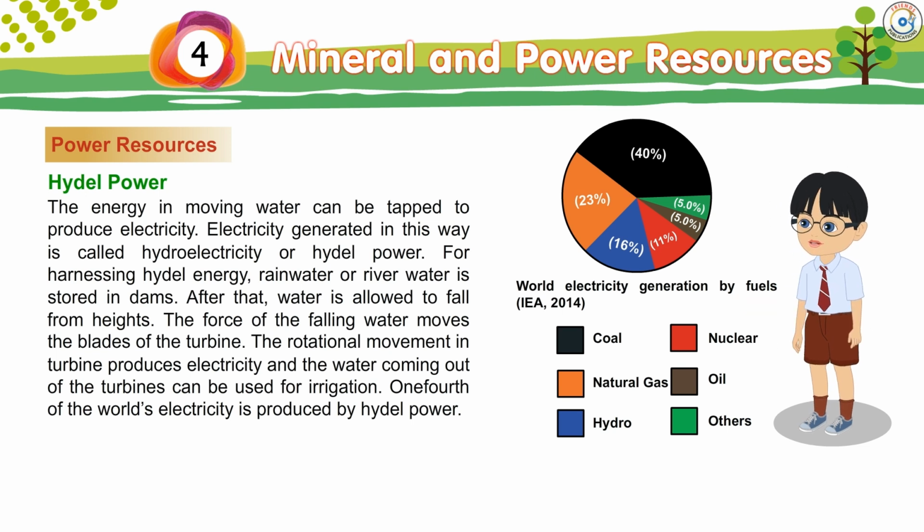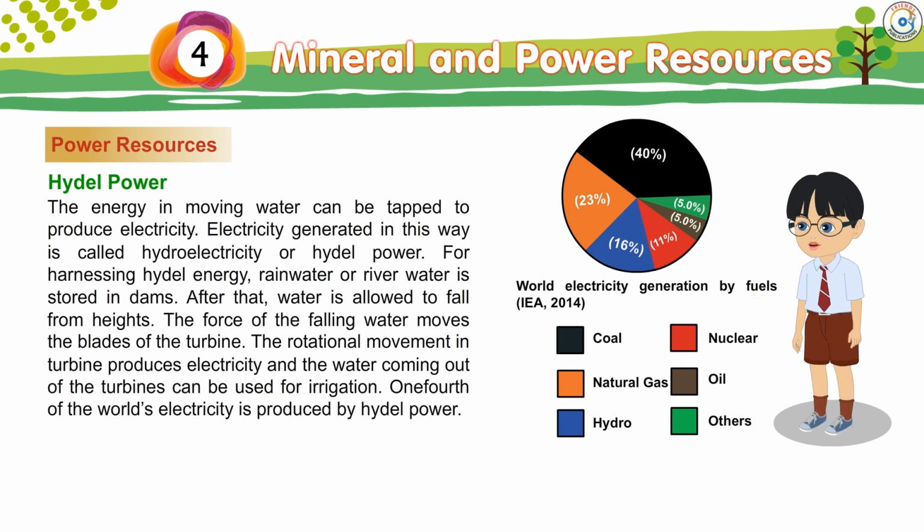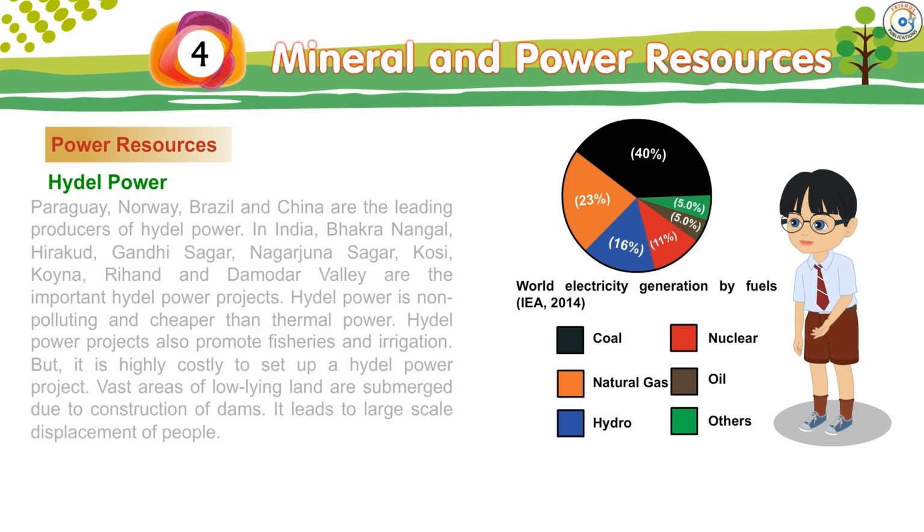Here is the figure showing you the world electricity generation by fuels, IEA 2014 survey. It shows coal-generated electricity at 40%, natural gas-generated electricity at 23%, hydroelectricity at 16%, nuclear-generated electricity at 11%, and oil and others at 5% each.